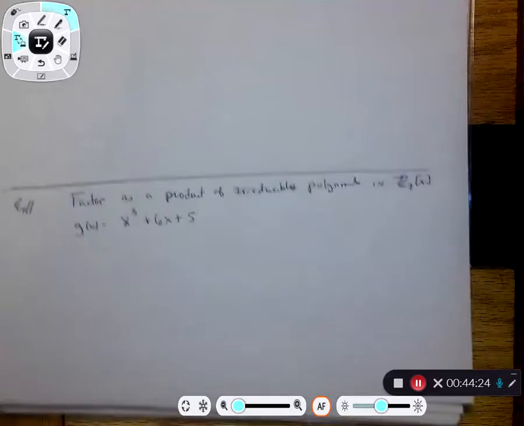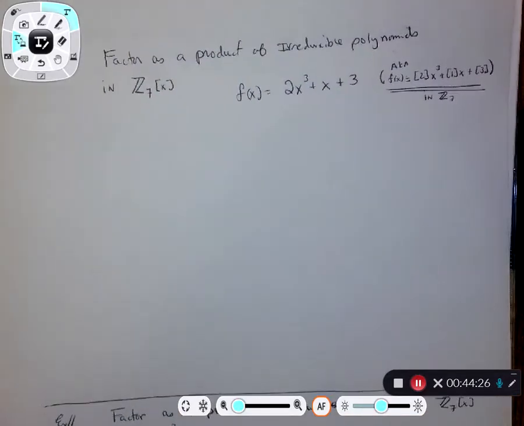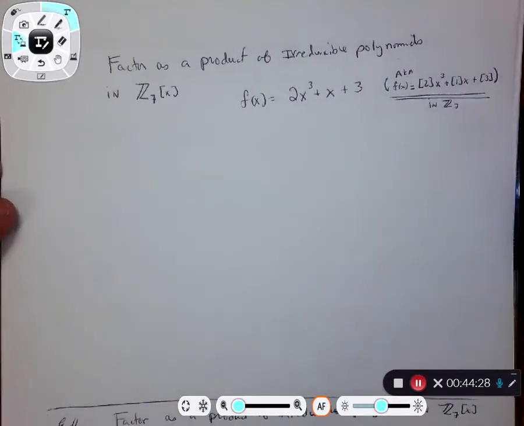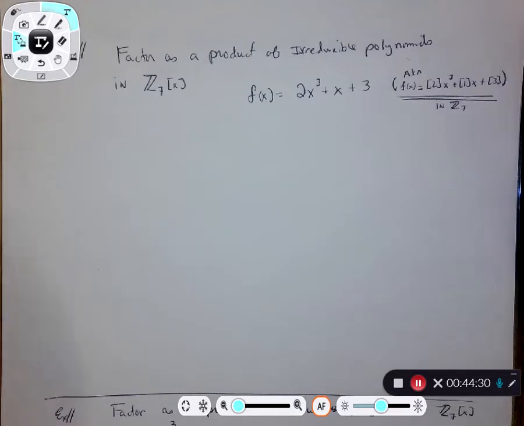Now another example that we're going to be playing around with is the idea of factoring a polynomial as a product of irreducible polynomials. We want to rewrite any polynomial as a product of irreducible polynomials. So this time, to make it easier on you guys, I've given you a finite field.